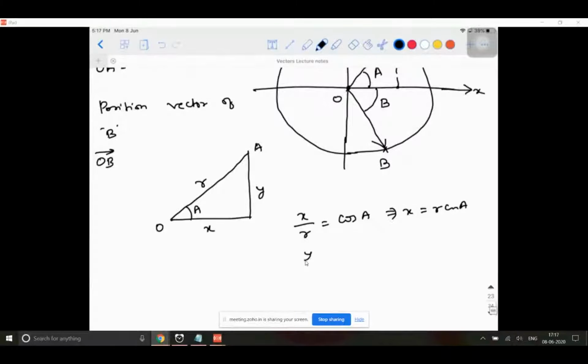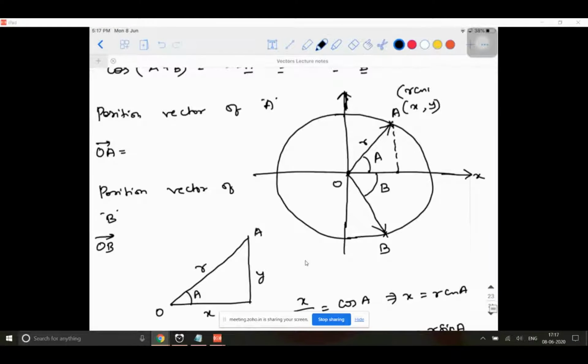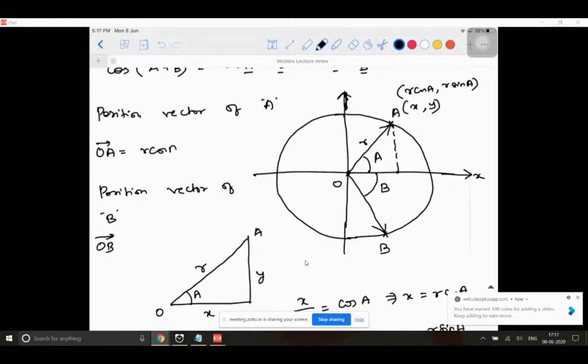Similarly, what will be the value of y? y divided by r will be equal to sin A, which implies y is equal to r sin A. So what will be the coordinates of this point? In the place of x, I can write r cos A, and in the place of y, I can write r sin A. Then how to write OA vector? r cos A is in which direction?